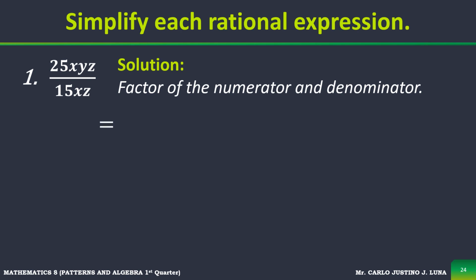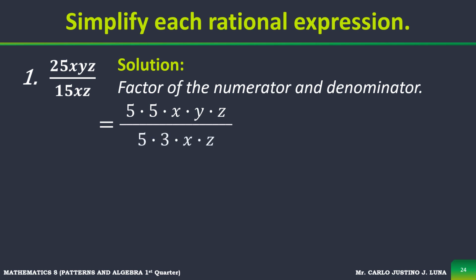So what are the factors of 25xyz? Very good. We have 5 times 5 times x times y times z over the factors of the denominator. What are they? Okay, good.